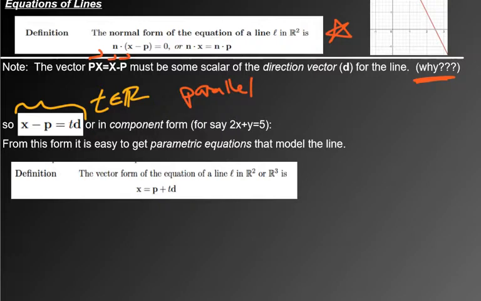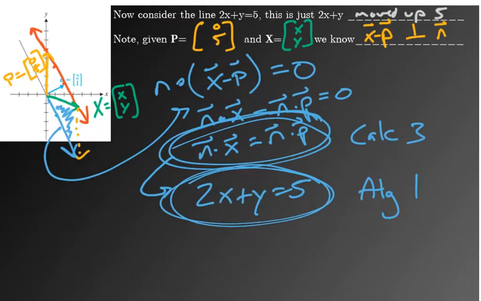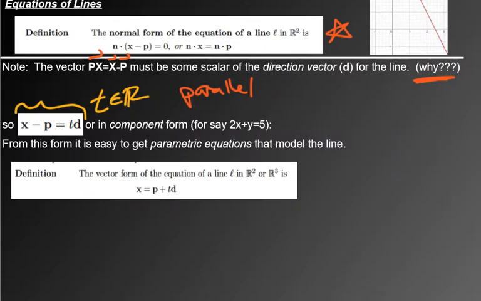And all I'm saying is x minus p is equal to some scalar on that direction vector. The idea is if I go back here again, say my direction vector was right here, representing the slope of that line, then the t, to scale it out to this, would have to be some t that's bigger than 1, because we are scaling d up to get to x minus p.